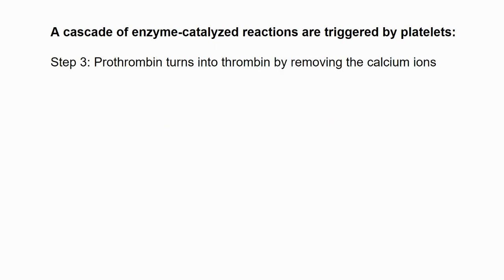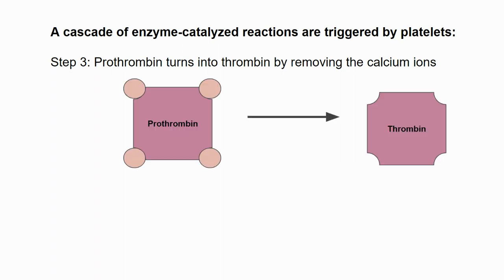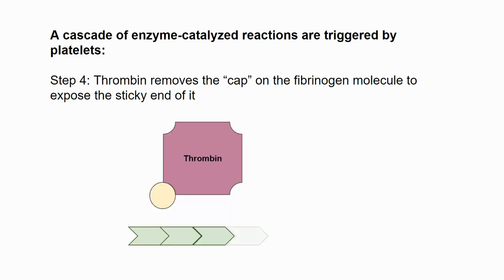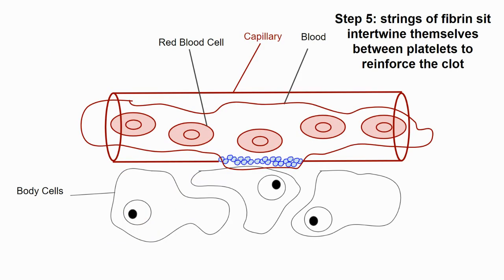You can just write step 3 down. You already have this process written above in the flowchart, so no picture needed. And you can write just step 4 down, no picture needed. And I would draw the last picture with step 5 and all of the fibrin intertwined.